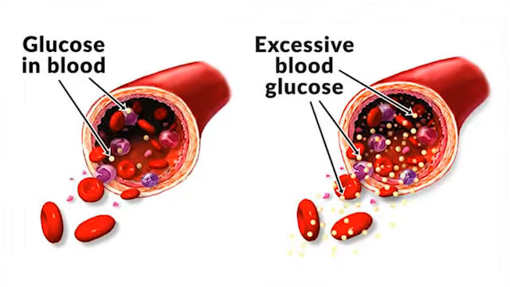This overly large amount of sugar in our bloodstream can cause injury in the lining of the blood vessels that supply different organs of our body. Left unchecked, this high amount of sugar in the blood can then damage the lining of the capillaries that supply blood to your eyes, to your heart, and even the blood vessels that supply your kidneys.